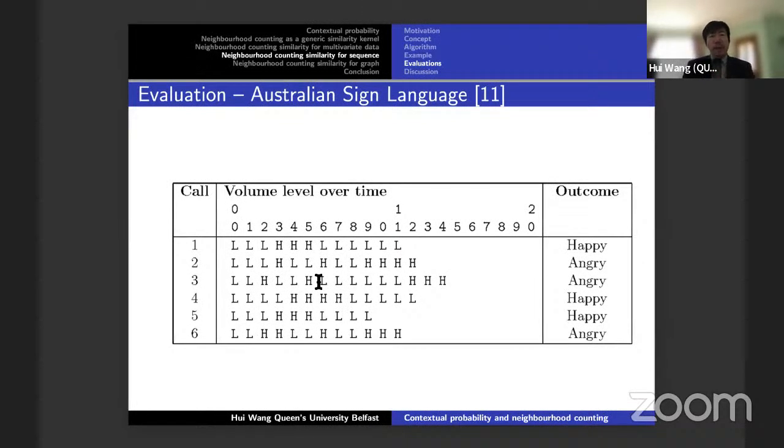In terms of the evaluation, I have evaluated this similarity on one data set, the Australian Sign Language data set. That is a well-known sequence data set. Here is a sample of the sequence data. You can see that the sequences are the signs, they have different lengths, and the class labels are either happy or angry.